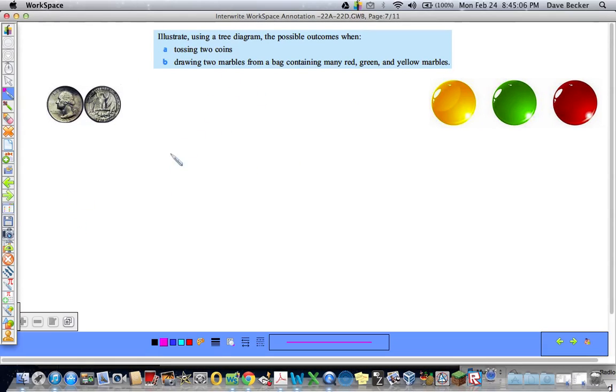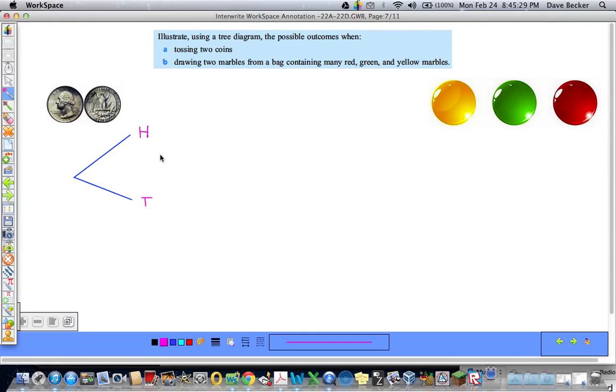We can also use a tree diagram to find possible outcomes, tossing 2 coins. Well, we always start with a V or an arrow or less than symbol, however you want to think about it. So if I toss a coin, it's either going to come out heads or it's going to come out tails.